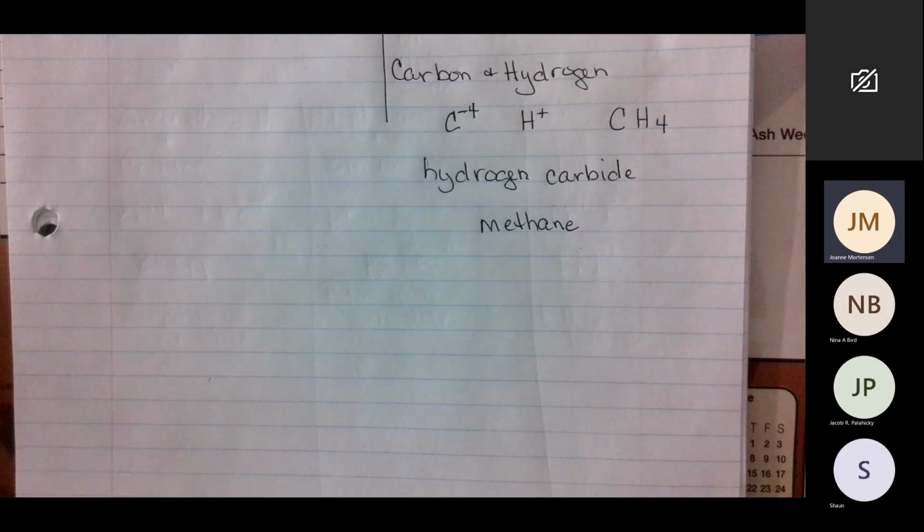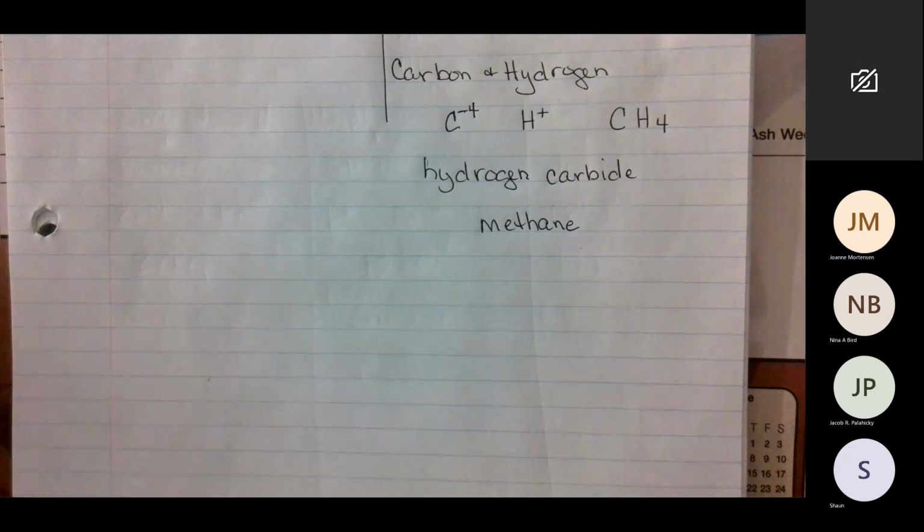Carbon is an amazing element, and when it gets into organic stuff, it just does whatever it wants. It has its own set of rules. So take organic chemistry. It'll blow your mind.